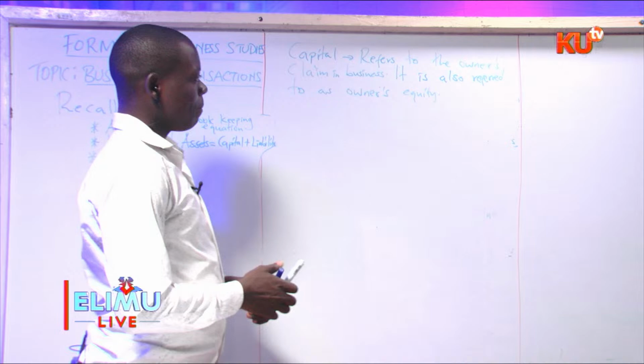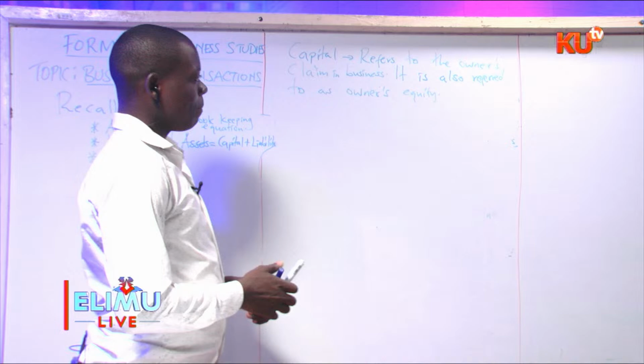So you'll say, I'm starting at 100,000. After 1 year, I need my business to be at a capital base of 300,000. So your expected projection will be a rise to maybe 300,000.